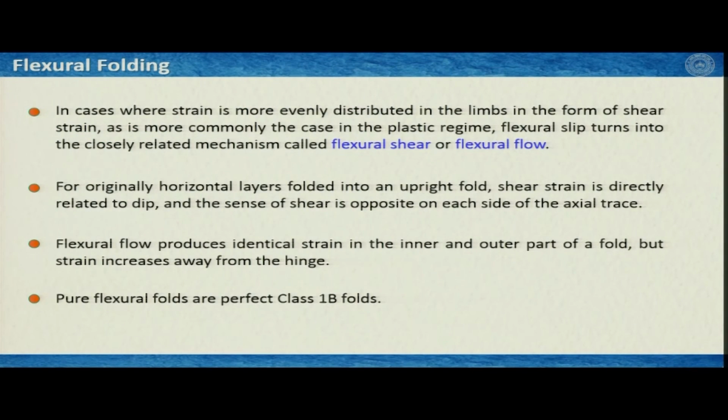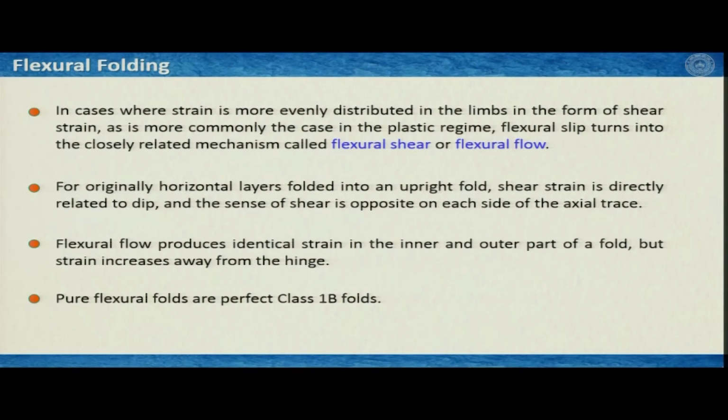Now, flexural shear is something where the individual displacements or individual shears along these layers are sort of homogenized by making the layers very thin. Or you can imagine, if you have a paperback book and you try to bend it or fold it, then the individual slips do happen along the pages of this book.